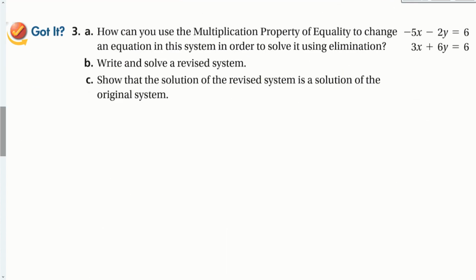So let's try to find the simplest way that I can make this system: negative 5x minus 2y is equal to 6, and 3x plus 6y is equal to 6. Adding these together doesn't help. The 3 and the 5 are not opposite terms. The 2 and the 6 are not either.